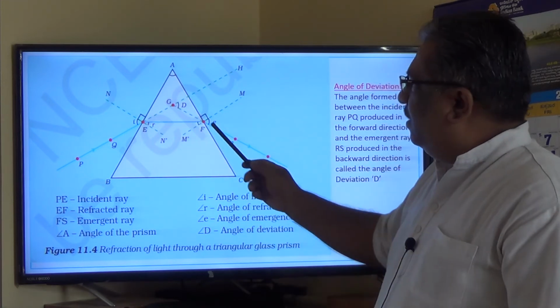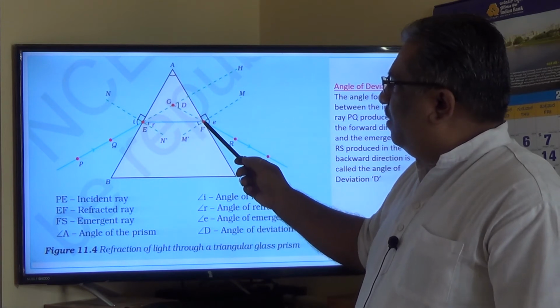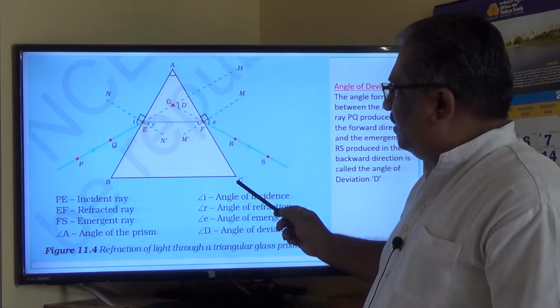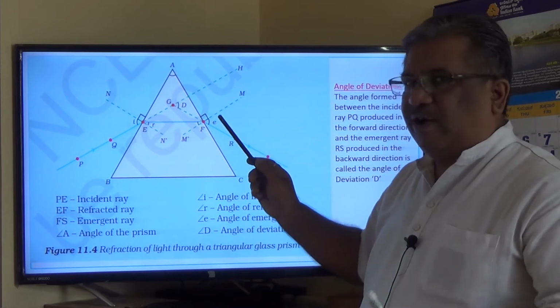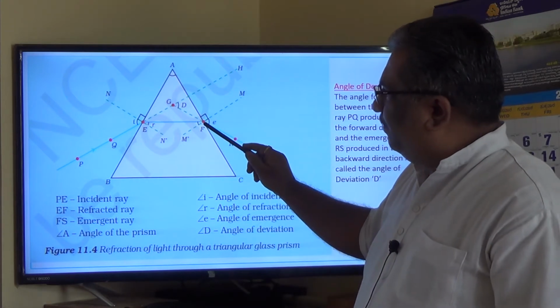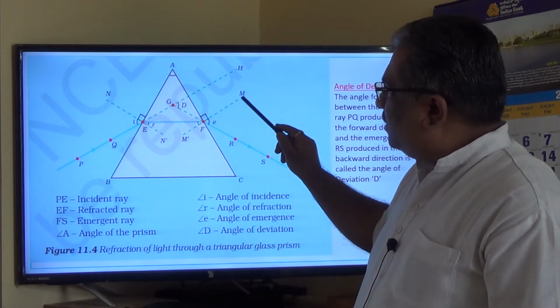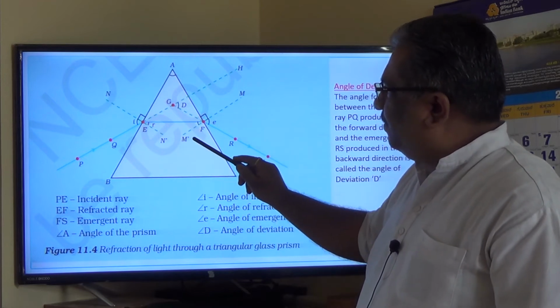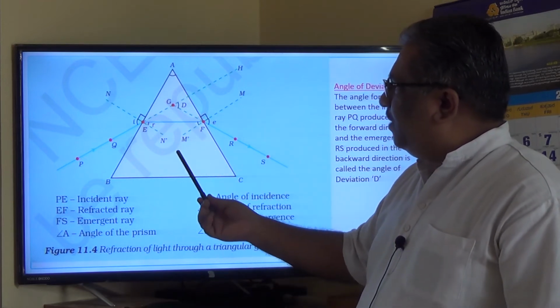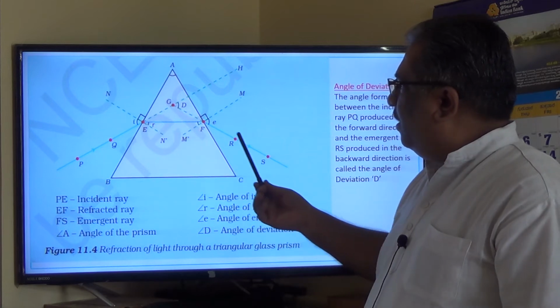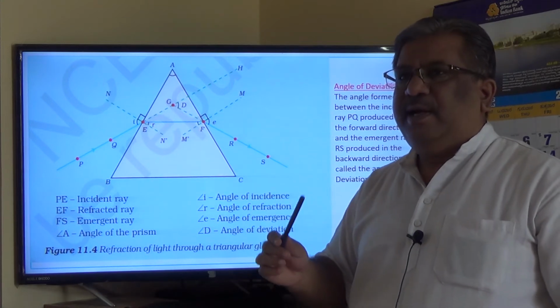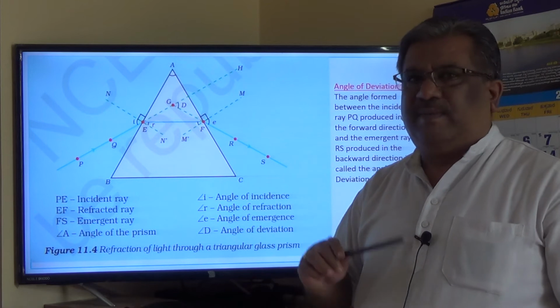Next, when this ray falls on this surface AC, let us draw the normal first at the incident point. This is the incident point. Let us draw a normal M dash. Now, when a ray of light passes from a denser medium to a rarer medium, it will bend away from the normal.